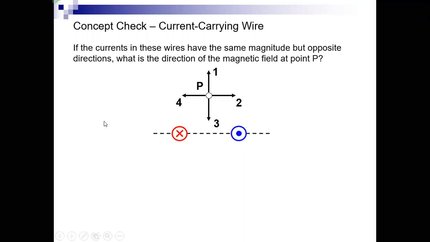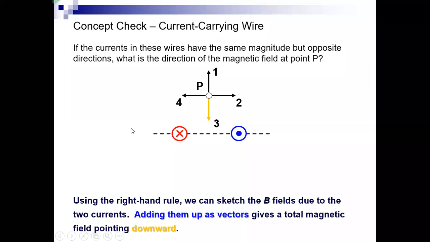Let's see, because we have to apply the right hand rule on both the wires. Due to the blue wire, we have seen in the previous case, it will provide you the net magnetic field in the downward direction. Right?